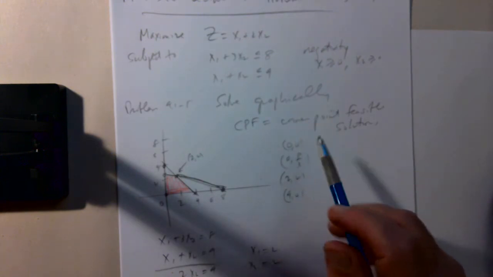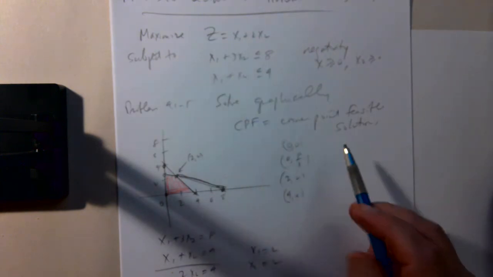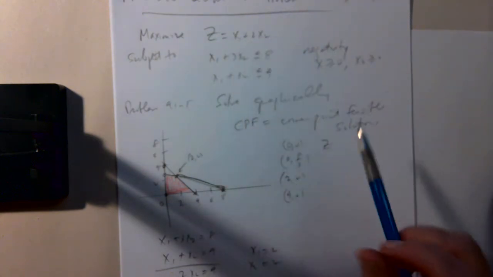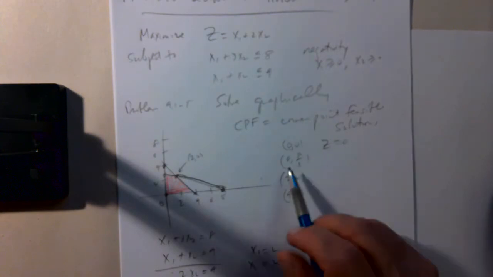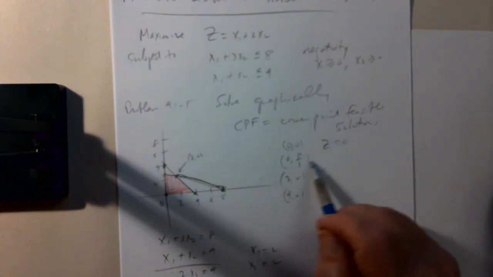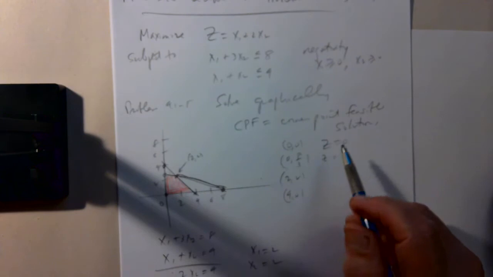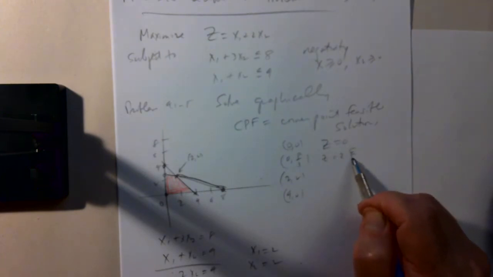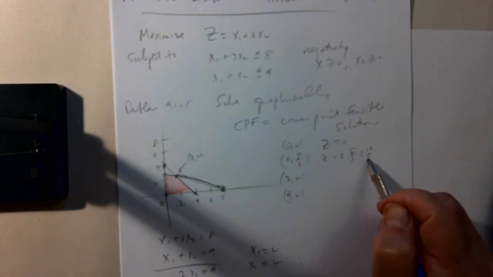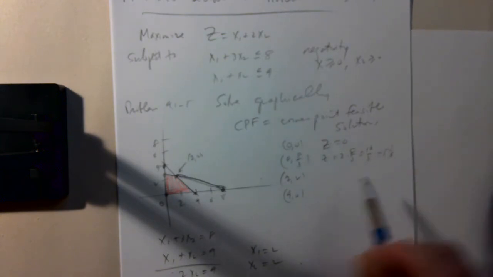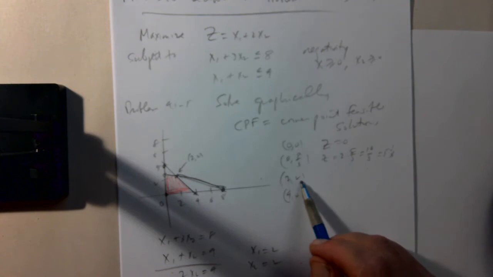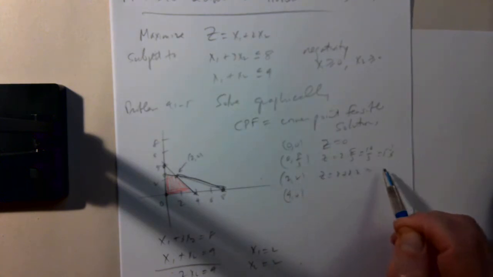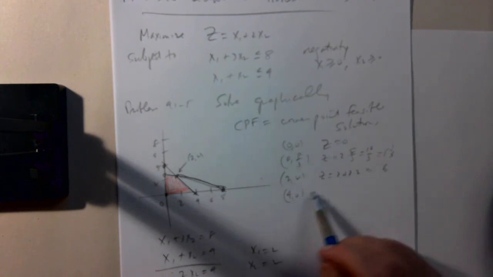So if you calculate z at these points, when x1 and x2 are 0, z is 0. At this point, z is equal to 0 times x1 plus 2 times 8/3, which is 16/3, which is 5 1/3. When x1 and x2 are both equal to 2, z is 2 plus 2 times 2, 2 plus 4 is 6.